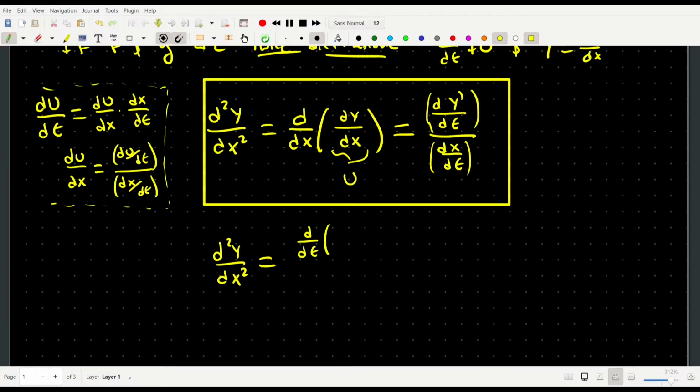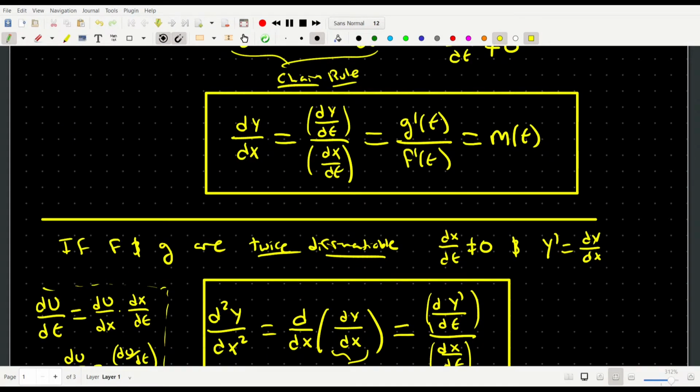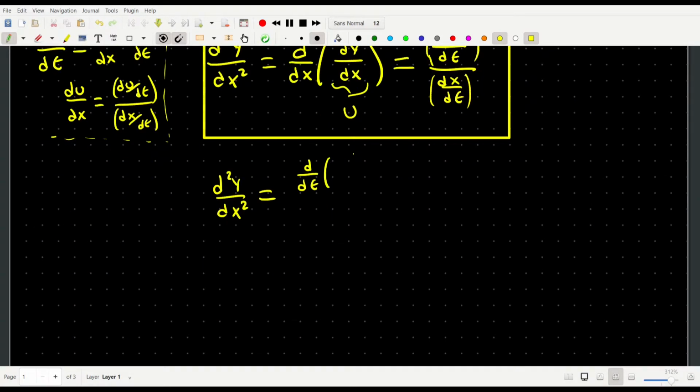So we know that dy prime dt is the same thing as the t derivative of y prime. Y prime is g prime over f prime. And this is going to be divided by dx dt, which is f prime of t.